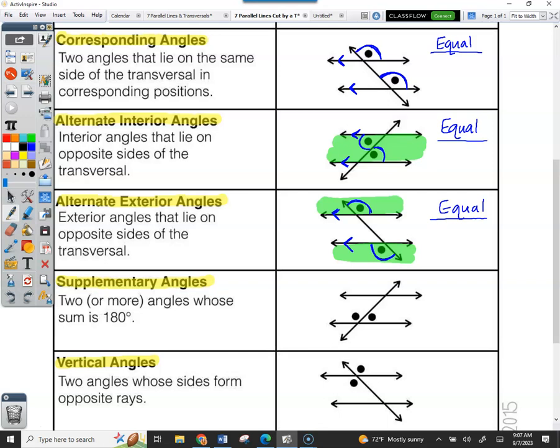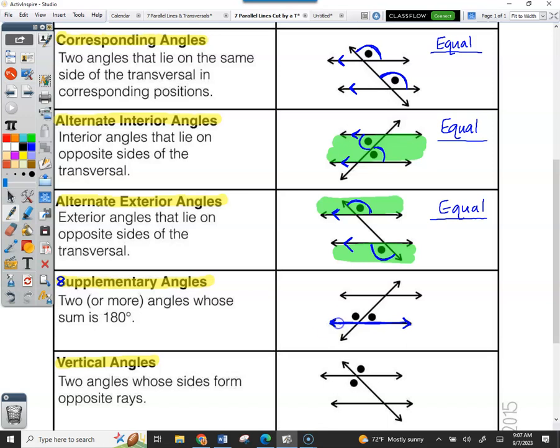Now, the next one's a breath of fresh air. You already know this one, right? This word looks familiar. We've talked about this, supplementary, because you can make it into a what? An 8. It stands for angles that add up to 180. So if you notice right here, this is a line where you have an angle backed up to another angle.